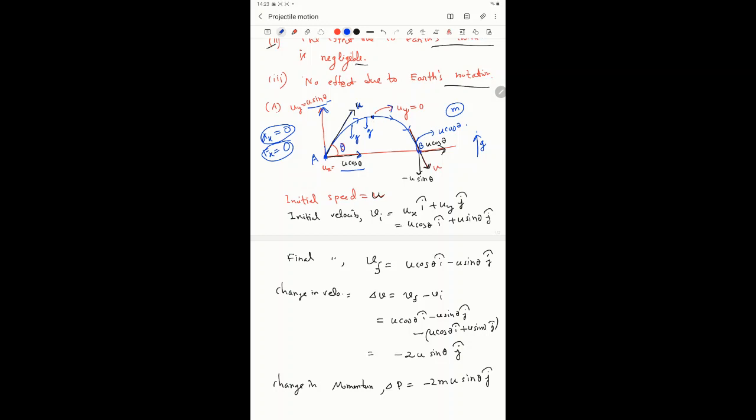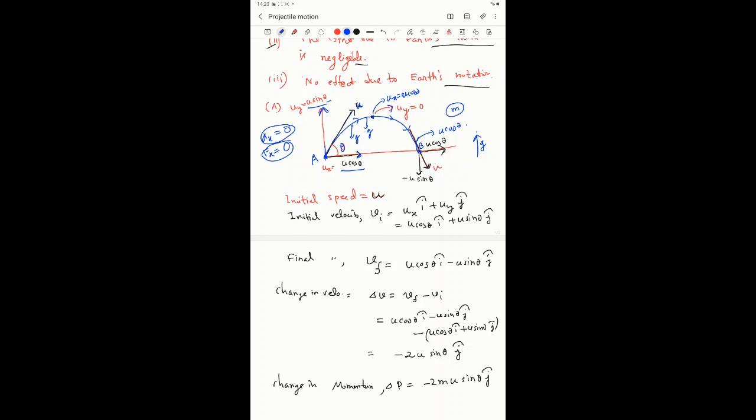But here the x-axis velocity is still u cos theta, while the y-axis velocity is 0, because the force due to gravity completely nullifies the force along the y-axis due to the projection.